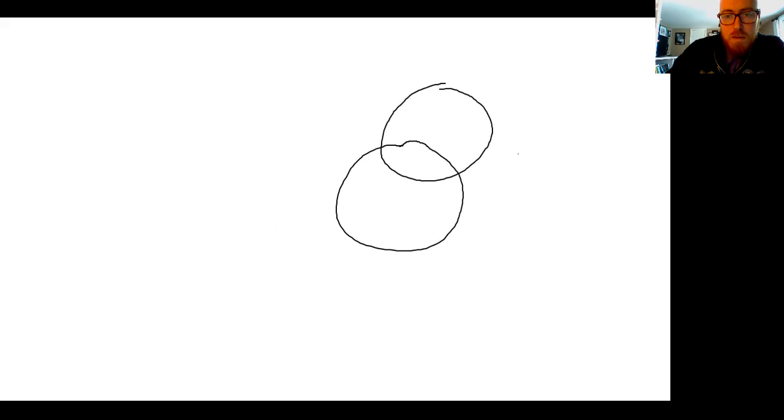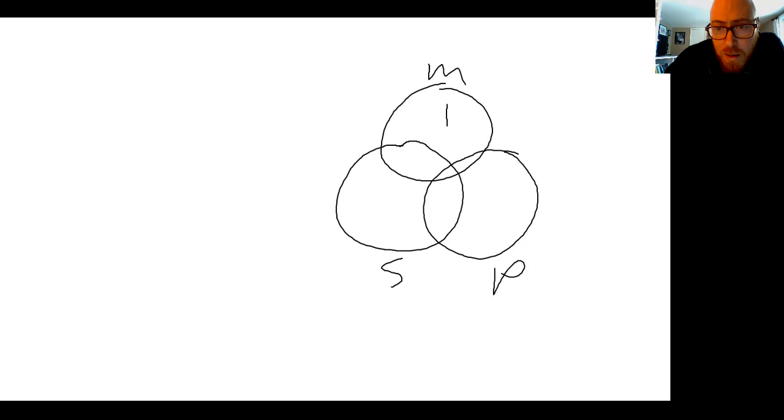Let's go ahead and clear this. I'll draw a little diagram over here again. S, M, and P, and I'll try to number these as neatly as I can. I'm really not good at drawing, especially on a touch screen, so let me be a little more careful here.